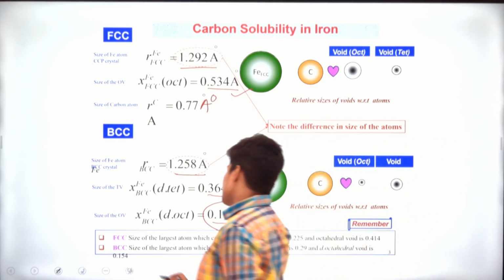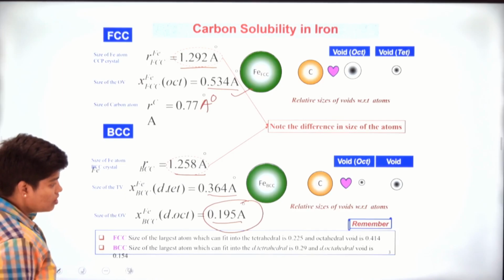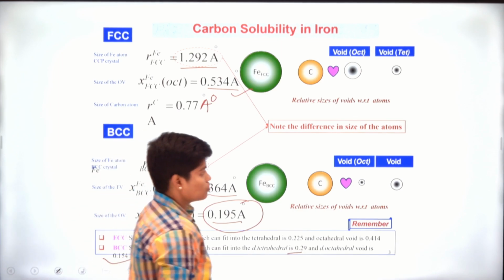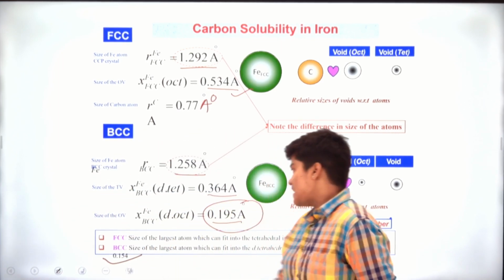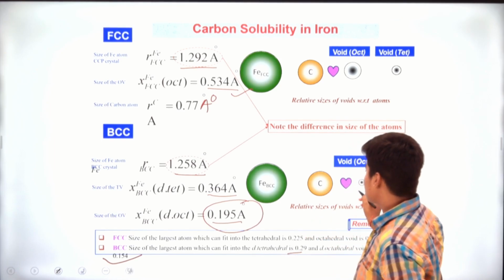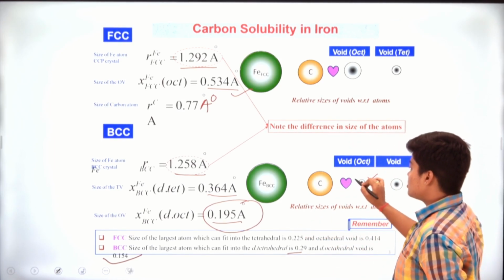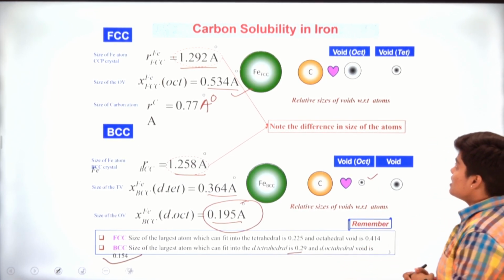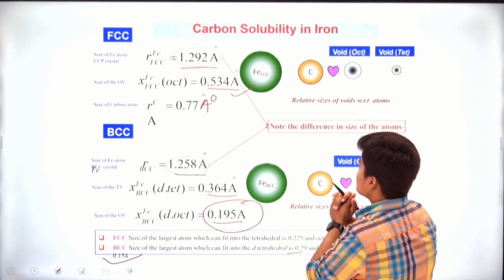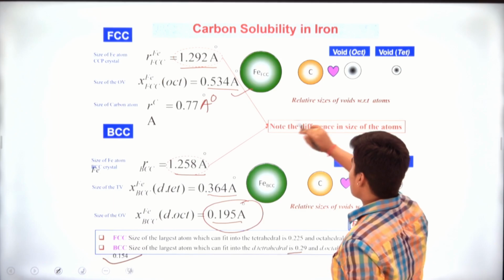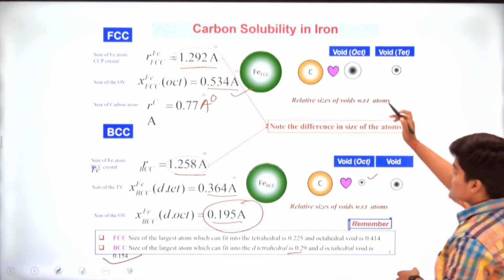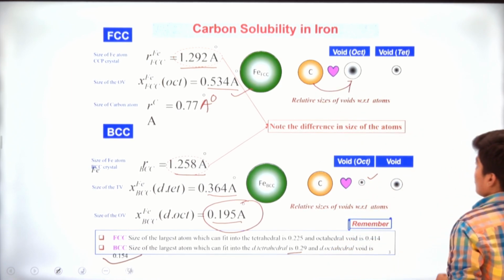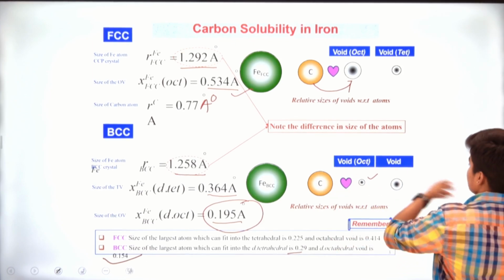Due to the smaller size of the octahedral void in BCC, the carbon atoms cannot be completely filled into the octahedral void. But in FCC, 0.77 to 0.534 angstrom is an approximate fit.